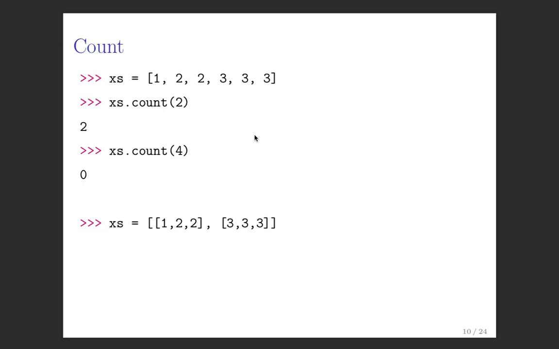Okay, so I'm going to up the difficulty. So this is a list whose elements are lists, which is fine. A list element can be anything, including a list. So what is the length of this list x's? 2, perfect.